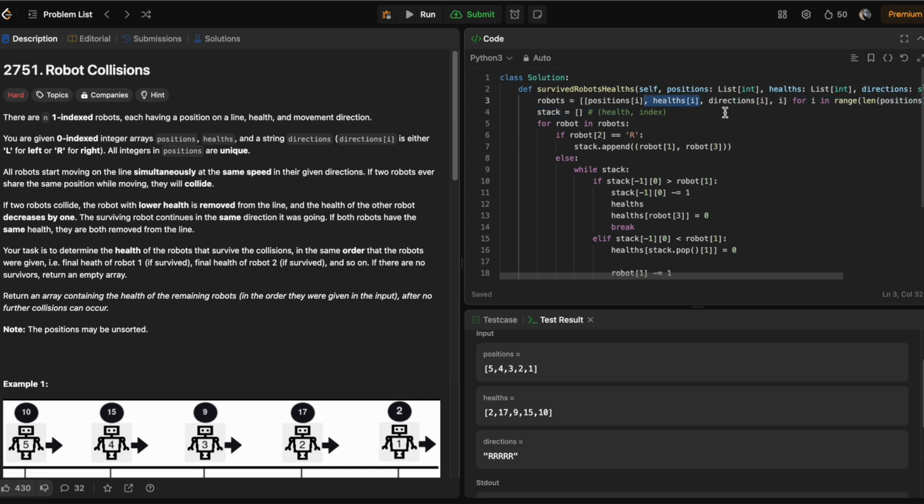You know what? I'll just change my code to match that. And we don't need the directions either, because we could just, again, use... We really just need to sort I in respective positions. Okay, whatever.